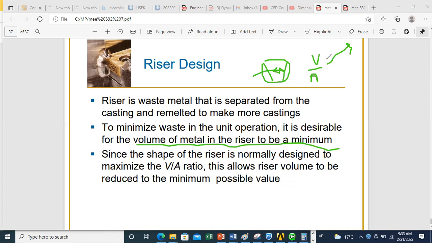When we reduce V to have V/A larger, we should also reduce the lateral area accordingly, so that V/A stays larger than the casting part and at the same time we have small waste at the end. We'll do a lot of problems on riser design.